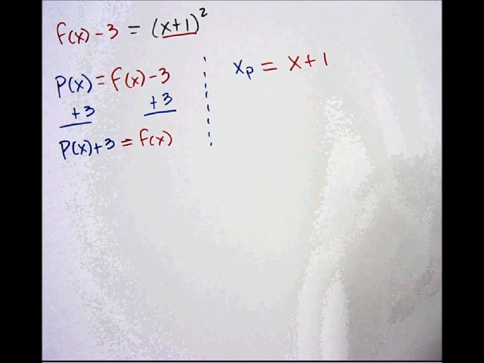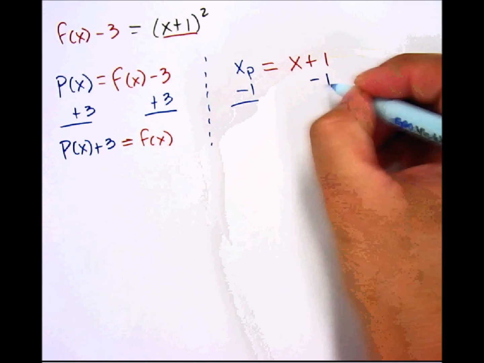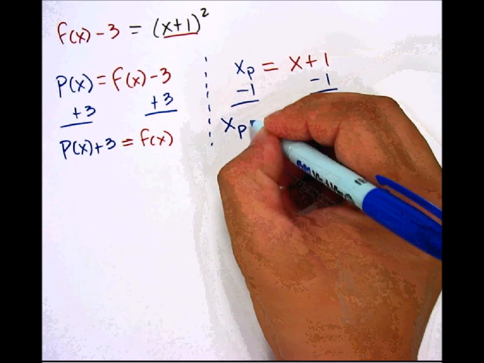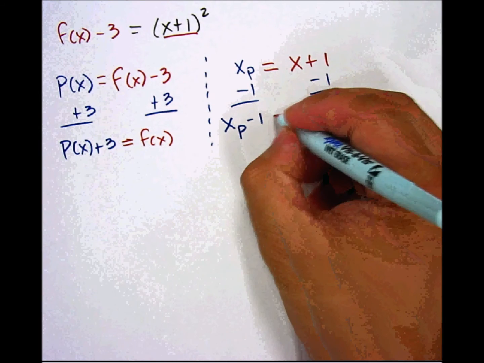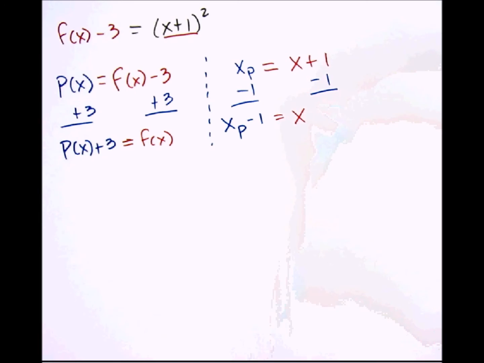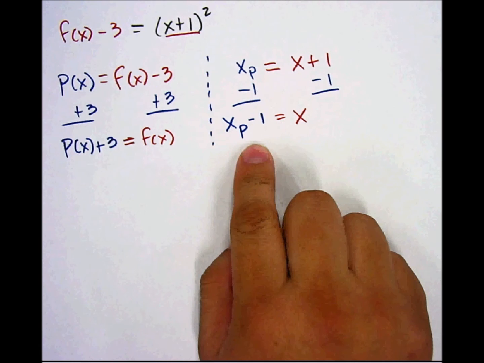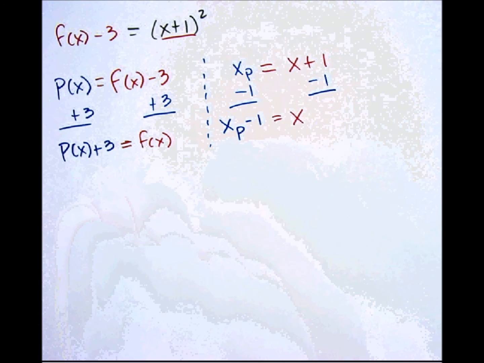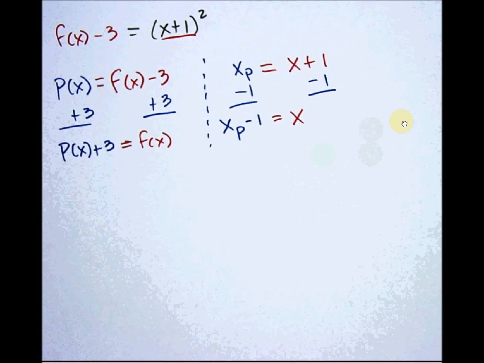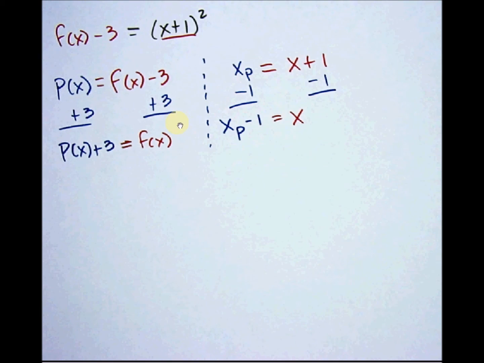So then writing it in terms of x sub p, doing the same thing, subtract 1 off of both sides, and I now know that if I want to transform the parent function to f of x, I simply have to subtract 1 from all my x's. This is an easier way to transform a function by just transforming the table. It doesn't seem like it right now because this is a fairly simple example, but let's look at a more difficult one.